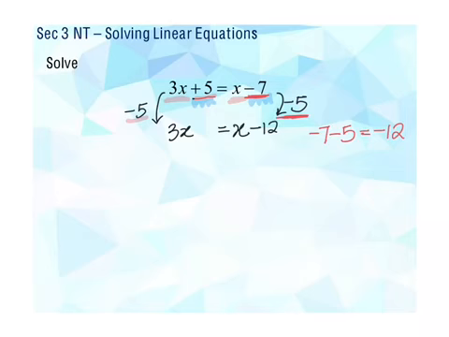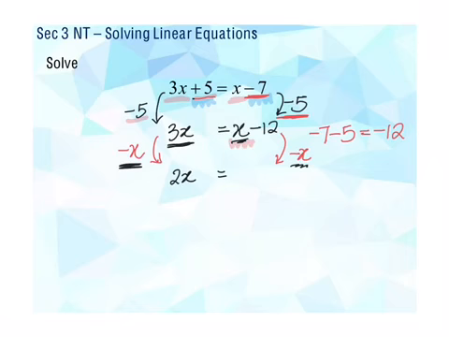Next, I need to get the x over here to come over to this side of the equation. I need to make it disappear from the right hand side. This is positive x, so we can subtract x. 3x minus x will give you 2x, equals the x minus the x.